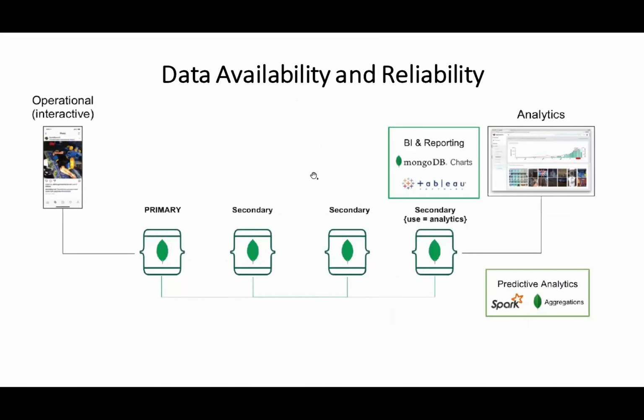So you have a driver, and these applications, BI or operational, whatever applications, will go through the driver or the router. Then, depending on the configuration and the type of request, the driver will route the request to the appropriate copy.